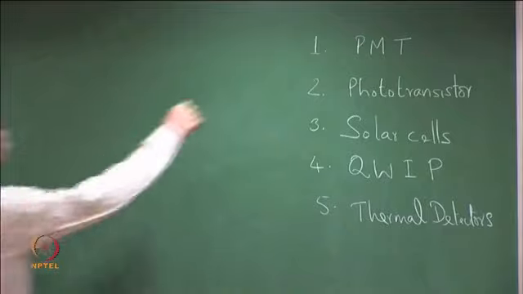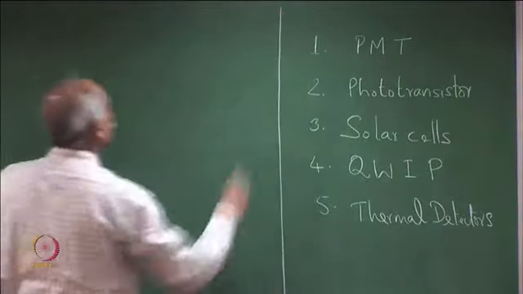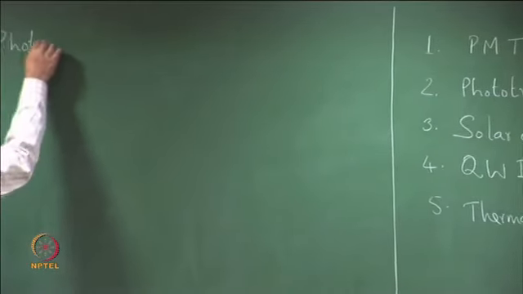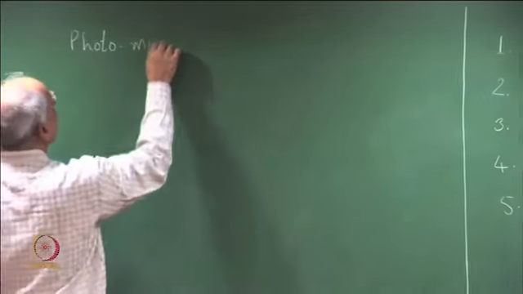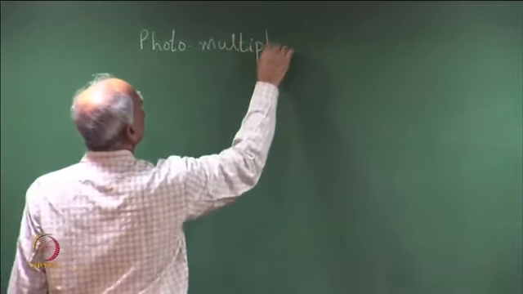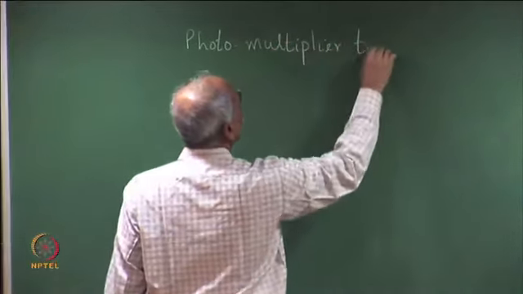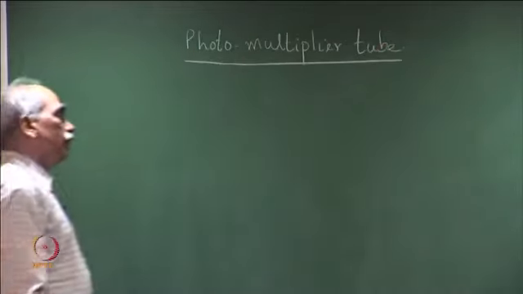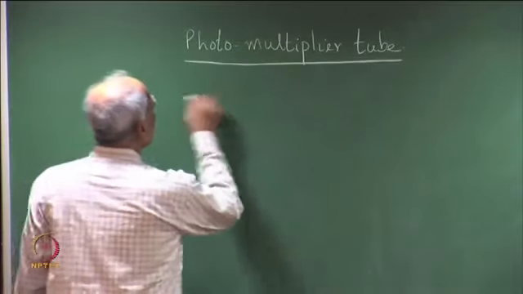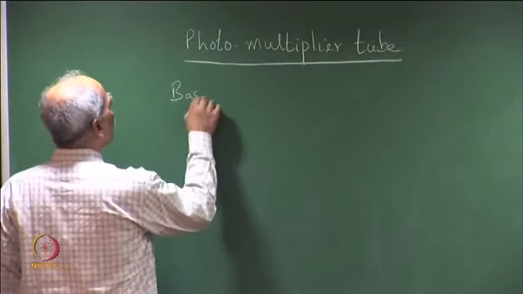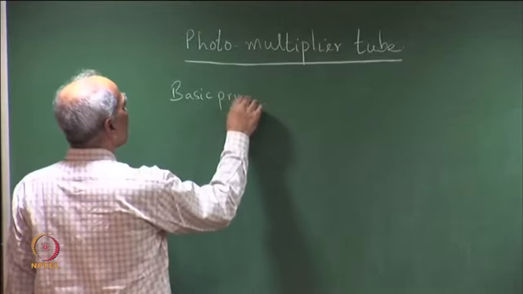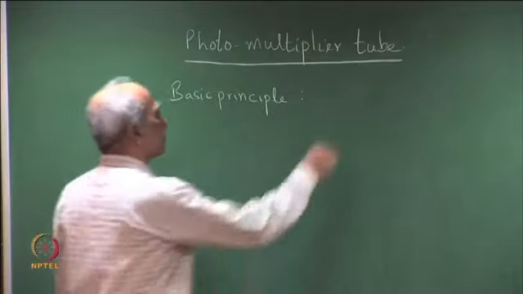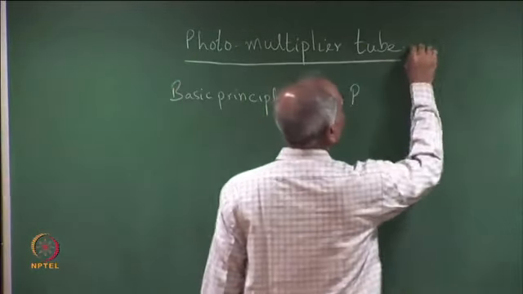So, let me start with PMT, because it is a widely used photodetector, the photomultiplier tube. The basic principle of operation is first the photoelectric effect. This is a photoemissive type of detector.